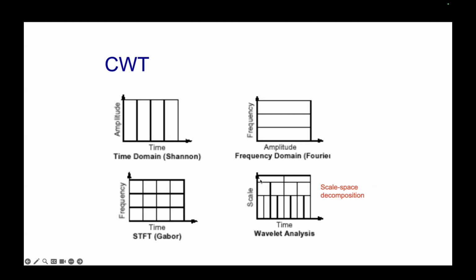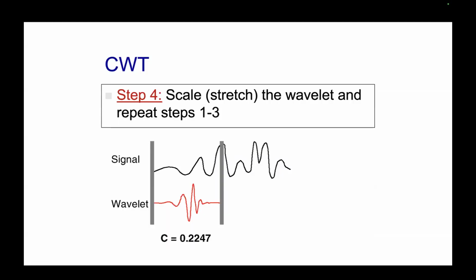Now, why does this happen? For lower frequencies, we are basically stretching this wavelet so that the frequency of this wavelet is low. Now, when we stretch this wavelet, let's say our signal is this long, and our wavelet is this long. After this portion of the signal, we'll move on to the next portion of the signal.